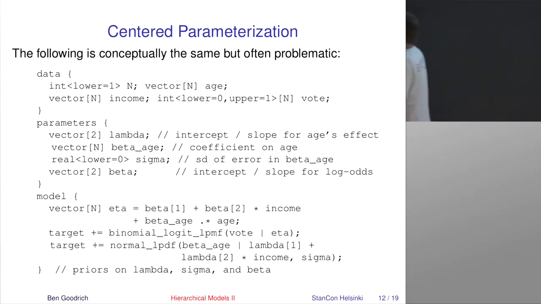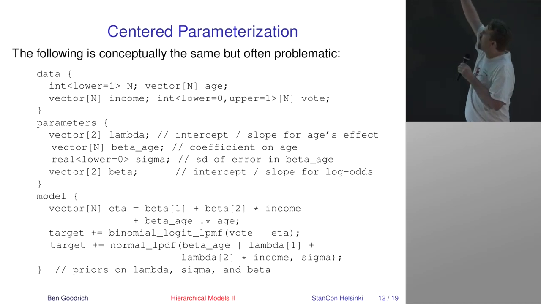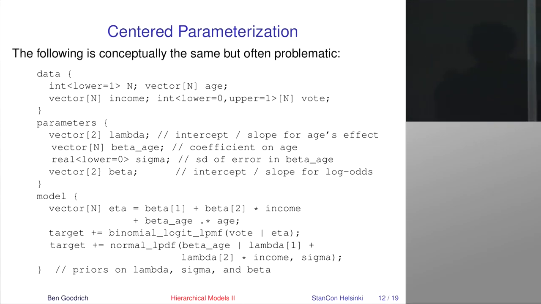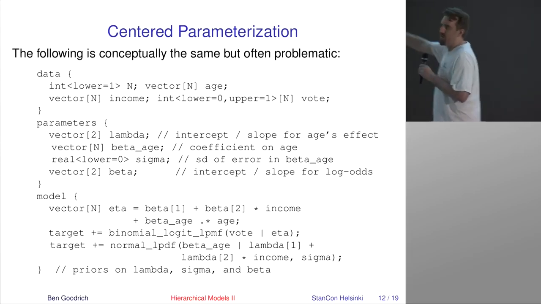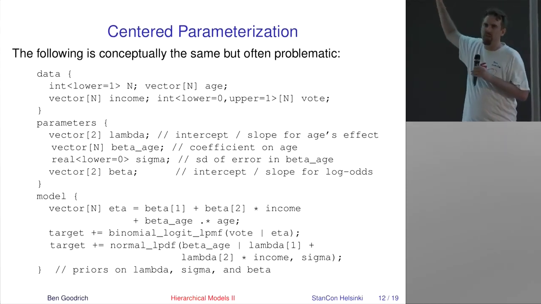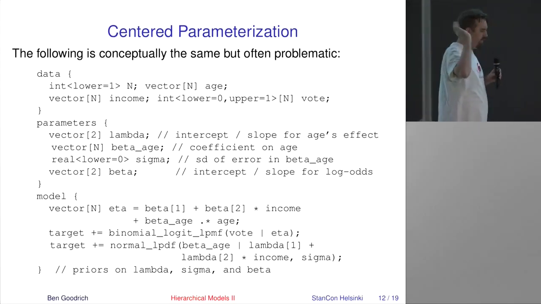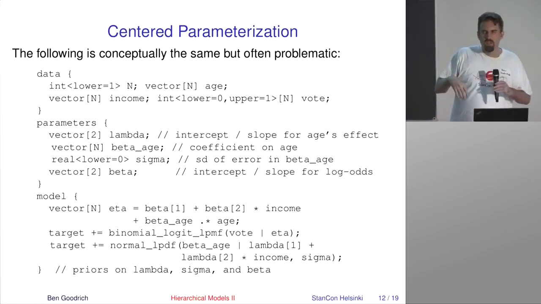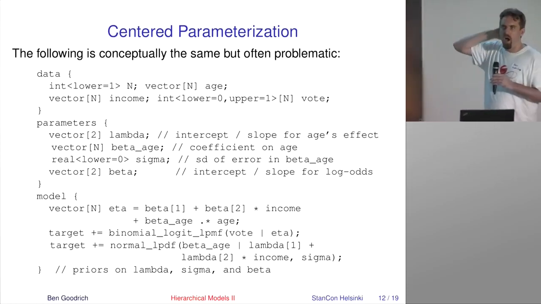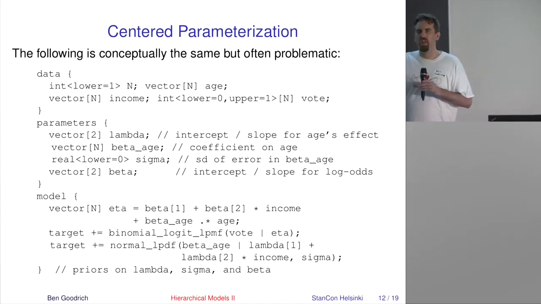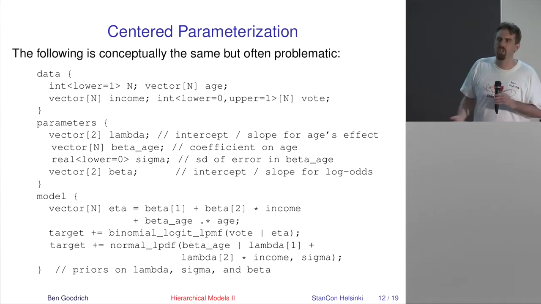But now we've specified a general normal prior on beta age with mean equal to λ1 plus λ2 times income and standard deviation sigma. So that is the centered version of a model like this, which is legal Stan syntax. Stan would run, but it would probably mix not very well. And you would get warnings about divergences, or maybe the chains don't converge.